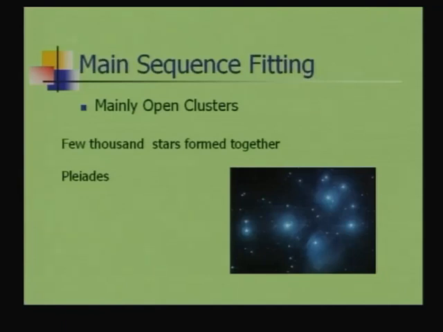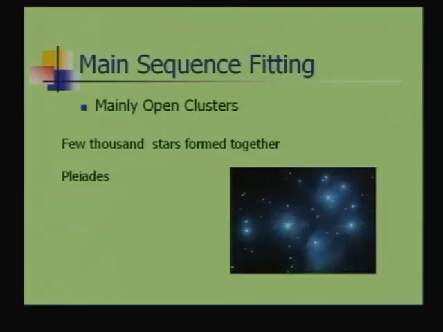So the next method is main sequence fitting. Let me explain what this method means. This method can be applied mainly to open clusters. I have already told you that there are collections of stars in the sky called globular clusters.